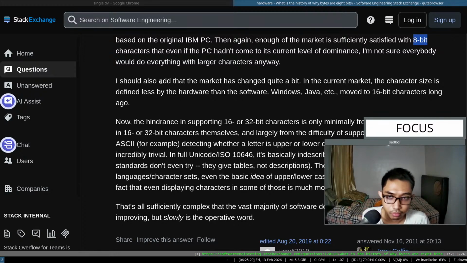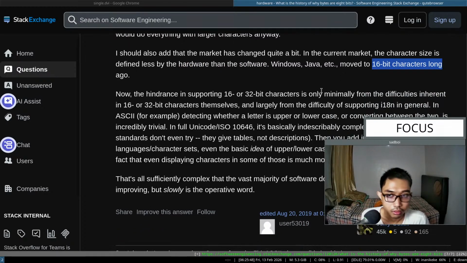I should also add that the market has changed quite a bit, with better hardware than software, moved to 16-bit characters long ago.